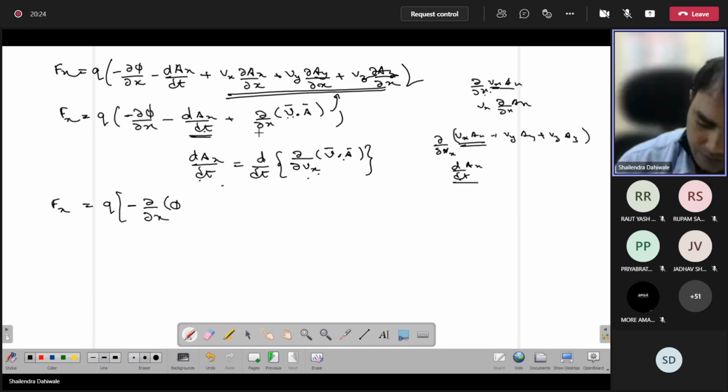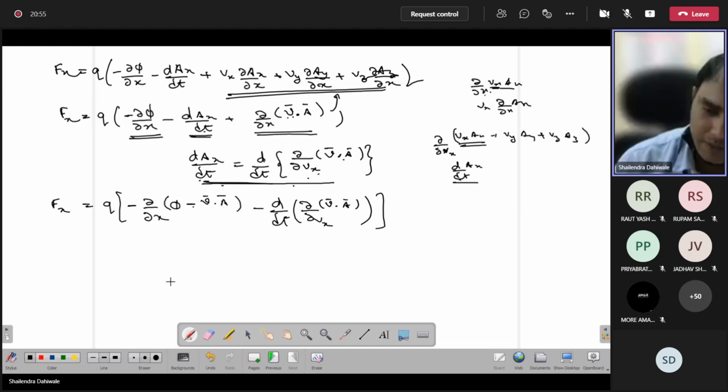Okay, so I take these two terms together. So phi minus, minus of minus will give you plus v dot A, correct? And minus d/dt of, for this I can use d/dt of del Vx of v dot A, right?